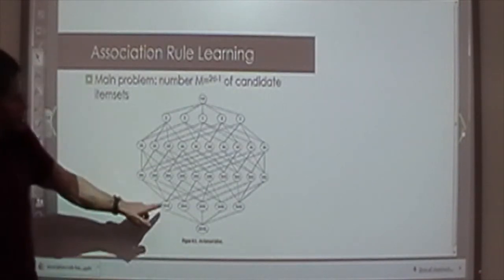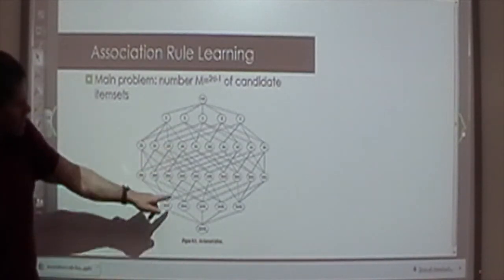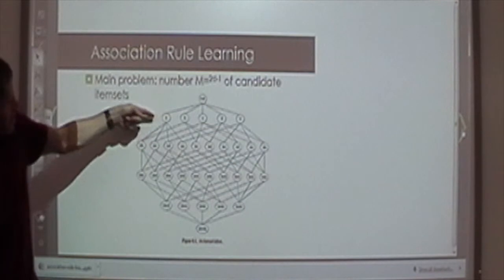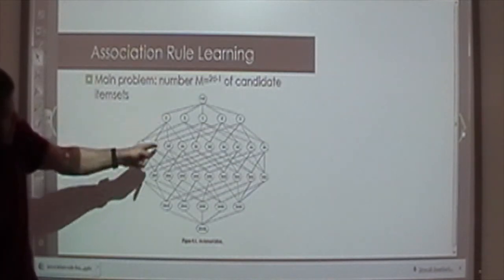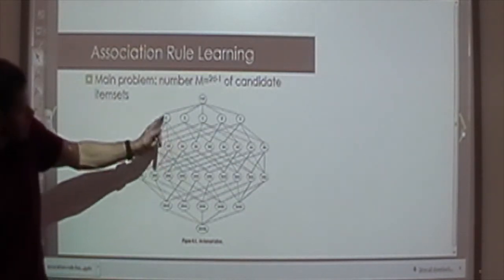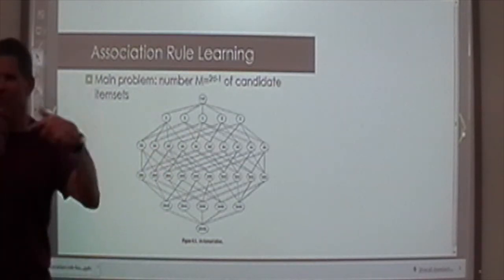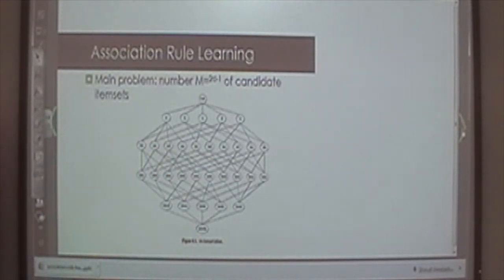But the relationship here is, for example, A is a subset of AB, AC. So the lines indicate what's a subset of other sets. And that's going to help us analyze and go through the first algorithm that we will develop here.